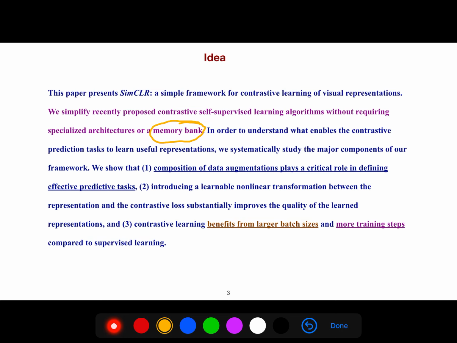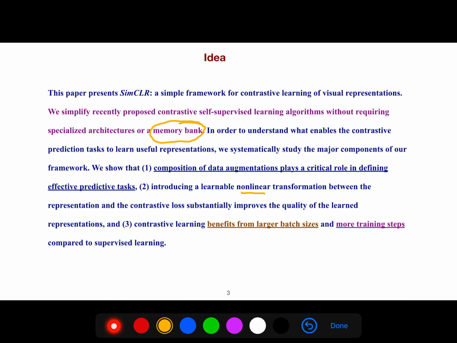We show that composition of data augmentations plays a critical role in defining effective predictive tasks, and introducing a learnable nonlinear transformation between the representations and the contrastive loss substantially improves the quality of the learned representations.